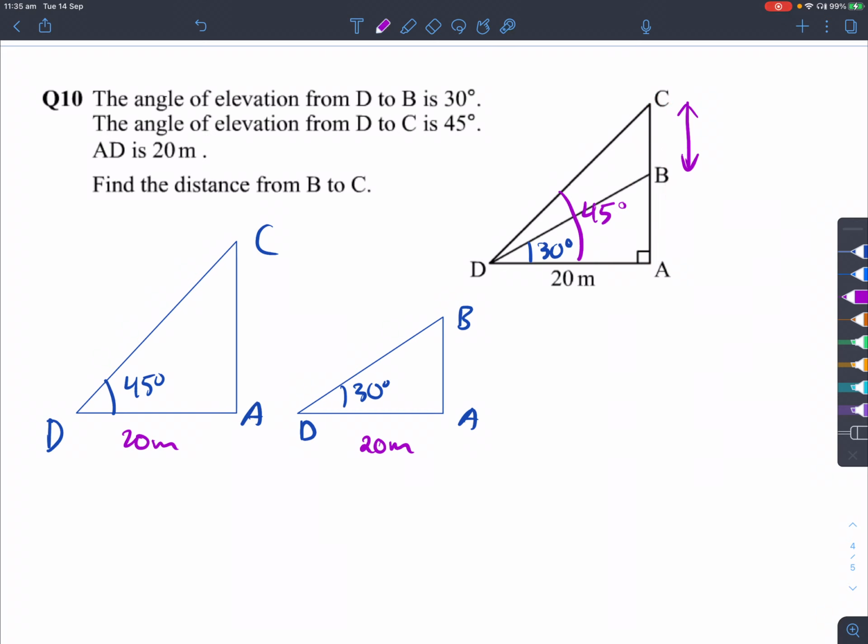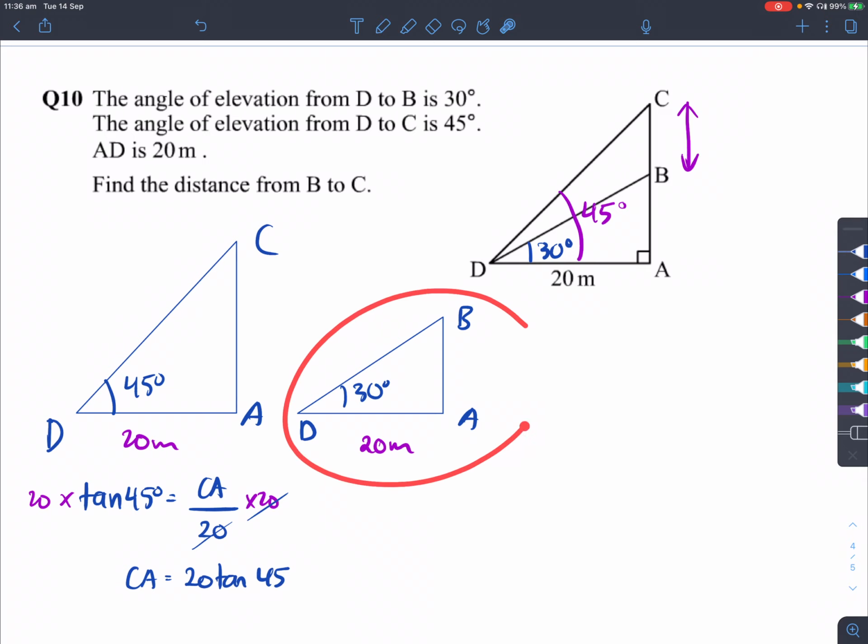That would be the opposite side to 45 degrees, as well as adjacent. So that would be using the tan ratio. So tan of 45 degrees is the opposite edge, which is CA, over our adjacent edge of 20. We're going to multiply both sides by 20 so that this 20 cancels out. So CA is simply 20 tan 45. I'm going to leave it as it is.